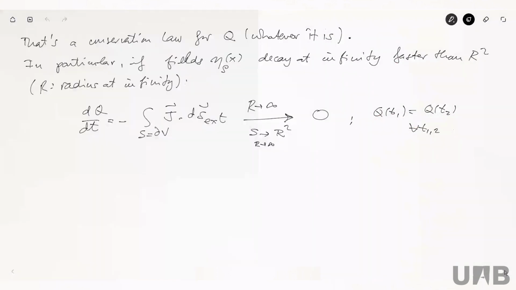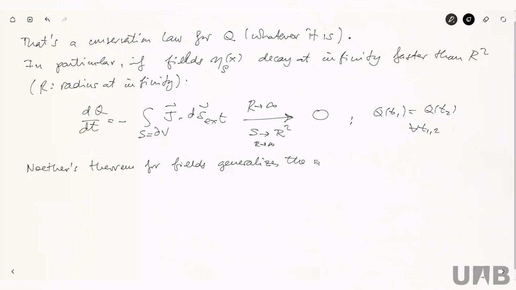What we're going to see, the next day, is that this result of Noether's theorem for fields generalizes the result for discrete systems that we had obtained before.